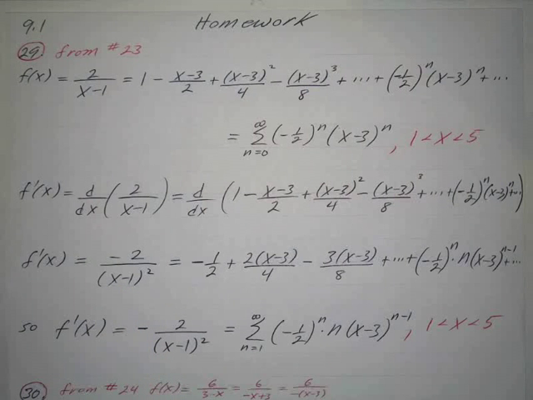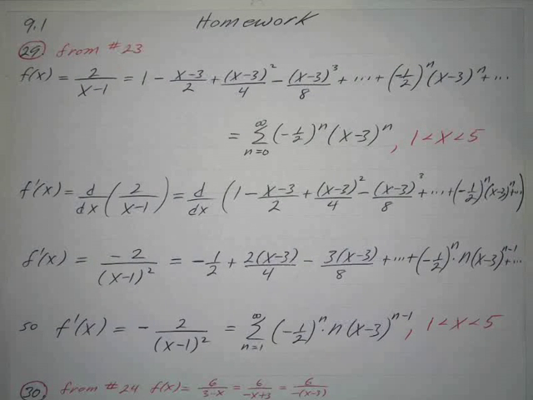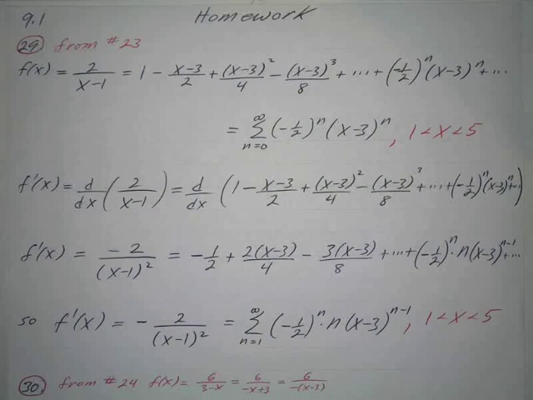But the du dx is just 1, so we're okay so far. Alright? So the derivative of this would just be that. Okay? And once I take the derivatives of these, I just do see that I have this form here. And this is over this interval of convergence. Okay? So that should be pretty straightforward.